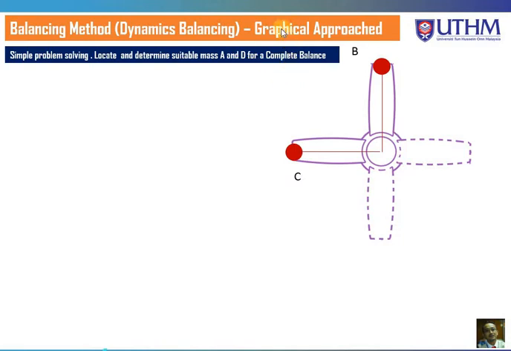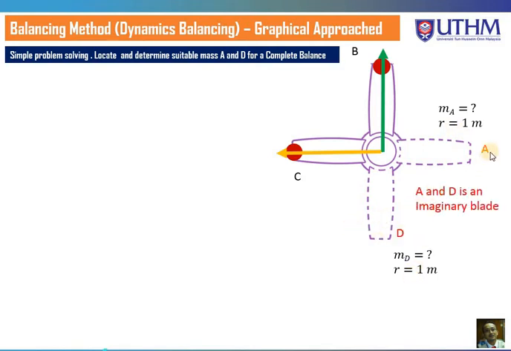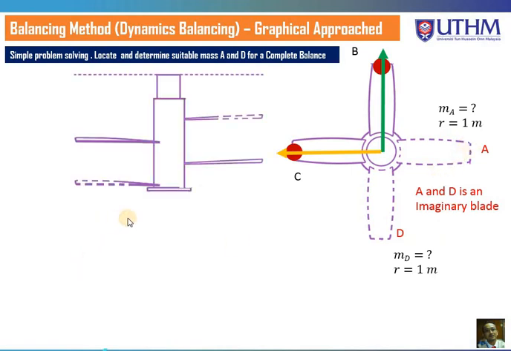So in a graphical approach, let's say the mass of A is the one that we want to know, and then mass D, how much, given the radius R equal to 1 meter, the same applied to D. So A and D are imaginary blades. Since the blades are located at different planes, it is dynamic balancing.